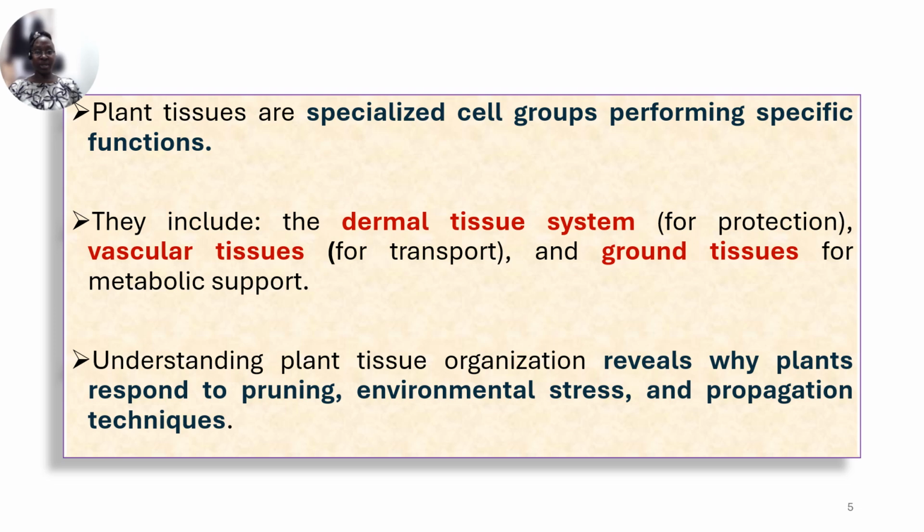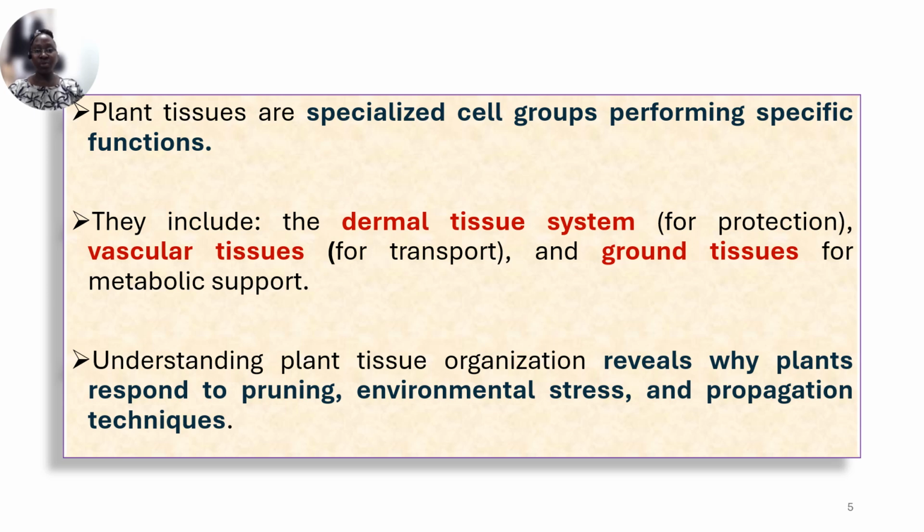So plant tissues are specialized cell groups performing specific functions. Apart from being used for diagnosis, they have functions in plants. They include the dermal tissue system, which is specialized for protection. They include vascular tissues. These are meant for transport. Sometimes they are grouped into vascular bundles.